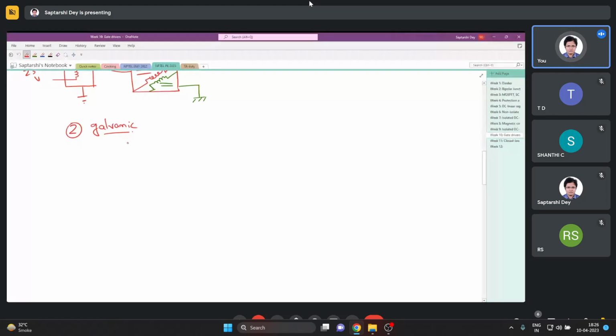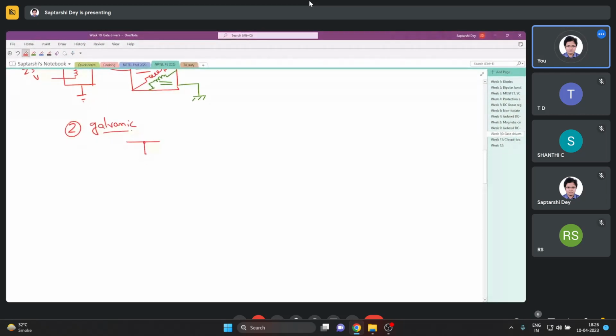You might have studied this galvanic isolation. This is nothing but a forward converter.